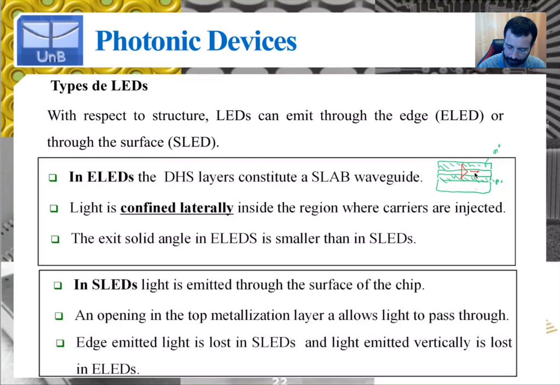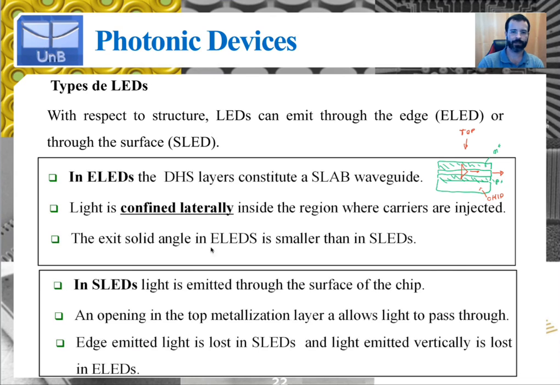So if this is the chip and this is the top surface of the chip, the light is being emitted from the edge here. That's why it's an edge emitting LED. The light is coming from the side of the chip.